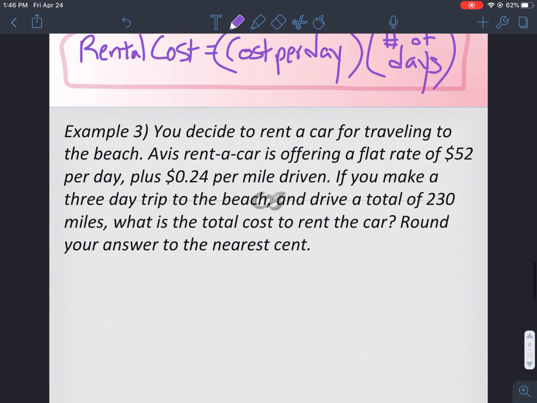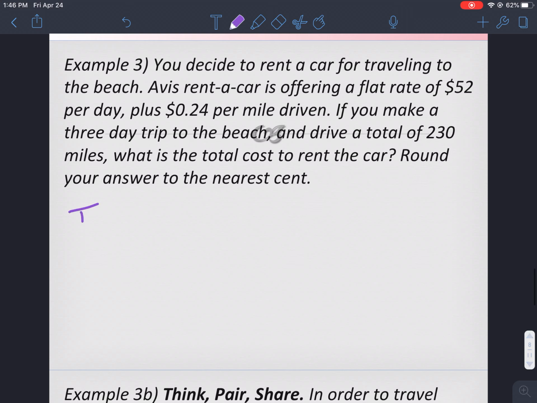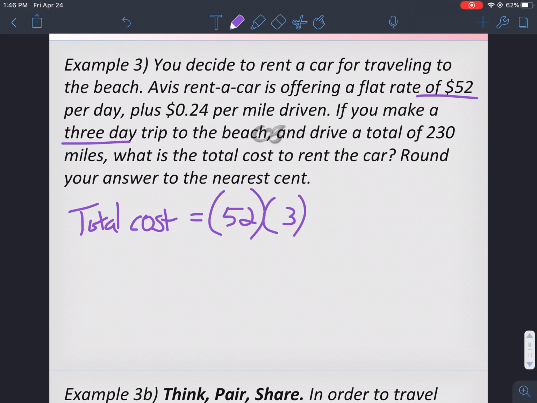All right, so total cost should be the number of days, which is 3, times the rate per day. So that little thing right there is the rental cost.